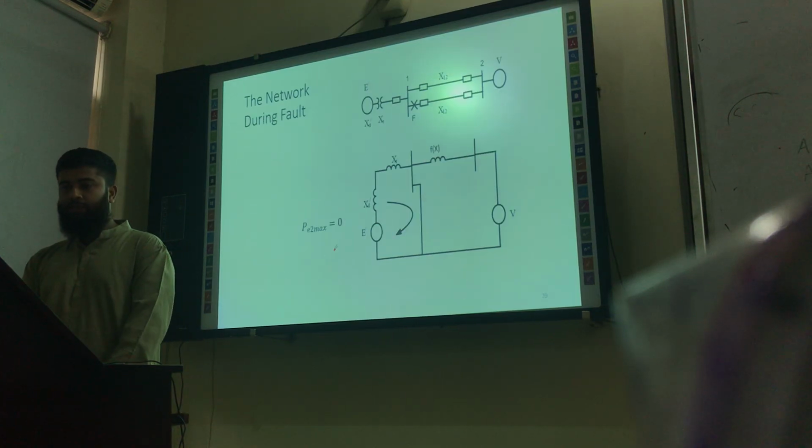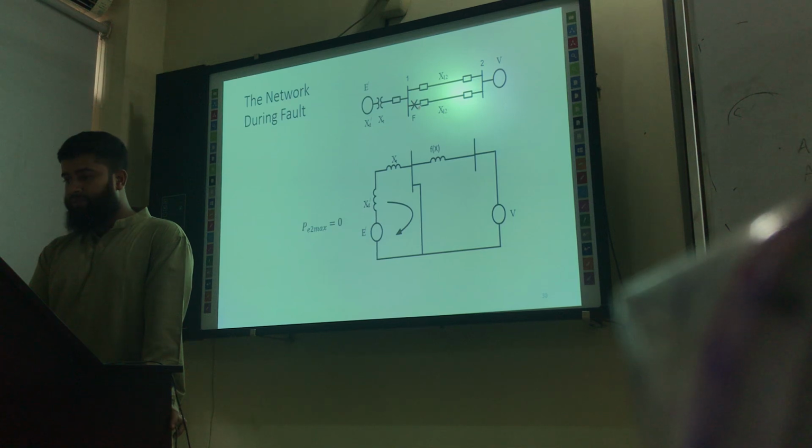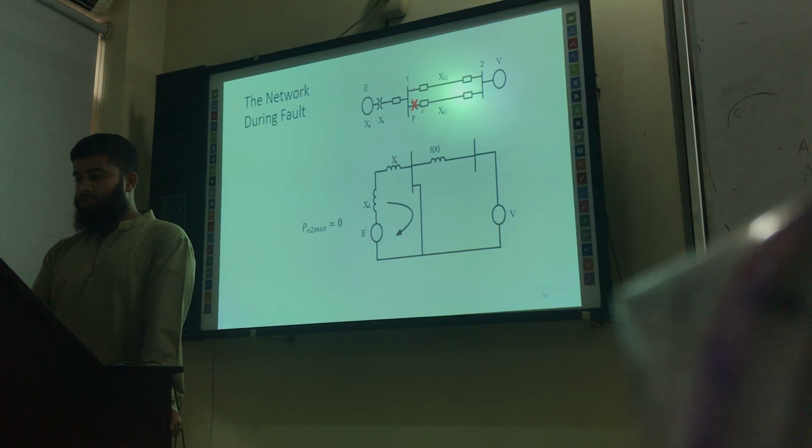Then let's consider the during fault case. So the fault is occurring here. In the first case, we are considering that the fault is occurring at the sending end, near the sending end, okay, of either of these two transmission lines, either here or here. So we are considering the fault is here. So now the fault is here means this line will be directly connected to the ground.